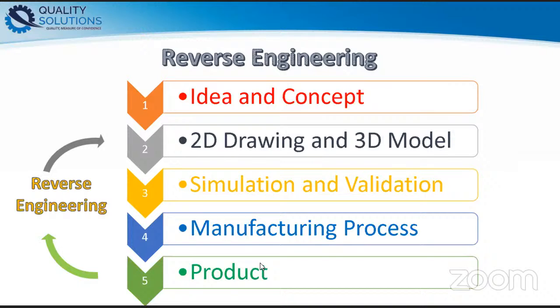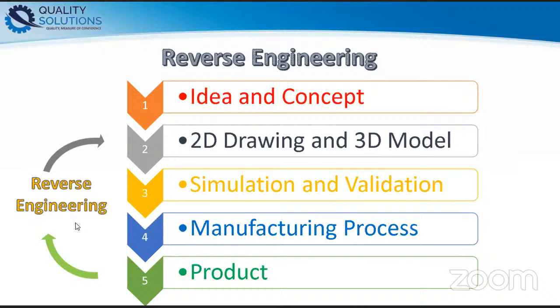Let's say we have a product and we want to go back to its original initial information, like what the 2D drawings are and where the 3D model is. If we don't have this information for that product, we have to use reverse engineering.